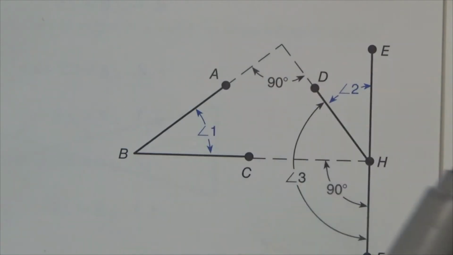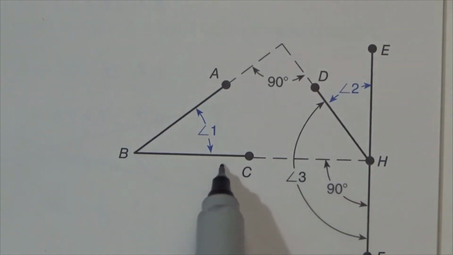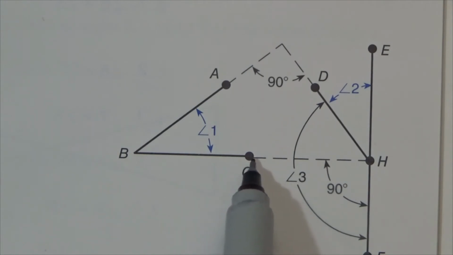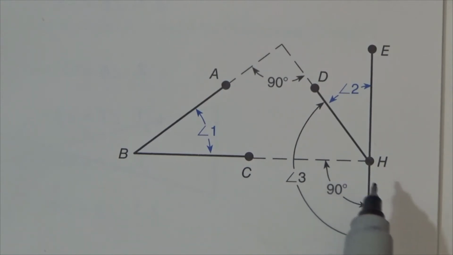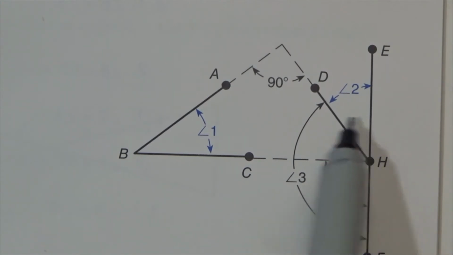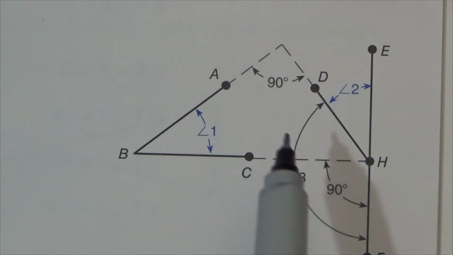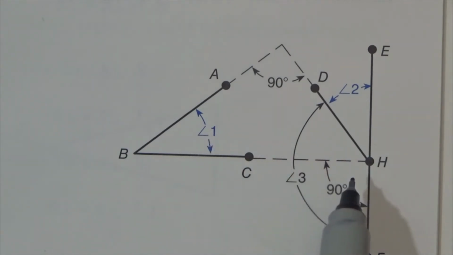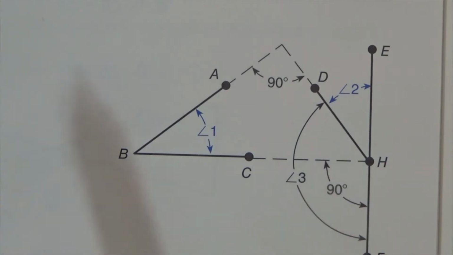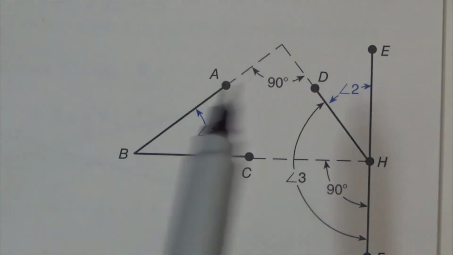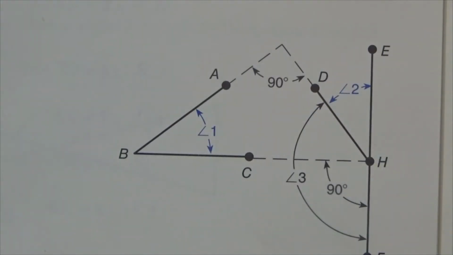So 90 degrees means it's perpendicular. If I come with this angle right to here, that makes a 90-degree angle. So if that's the case, then this angle and this angle are equal, and this angle right here, angle 3, those two angles are supplementary. The same way we had supplementary angles before.